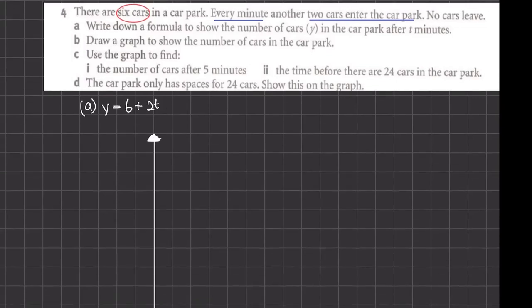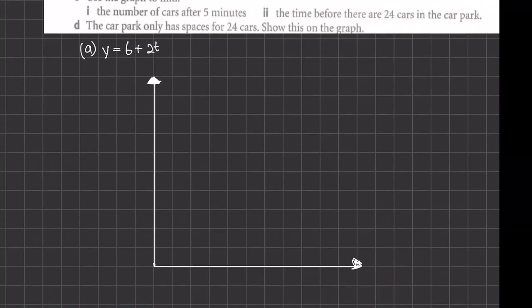Draw a graph to show the number of cars in the car park. So we can show, let's say, 24. 24 is a little bit big, so let me just draw it bigger then.